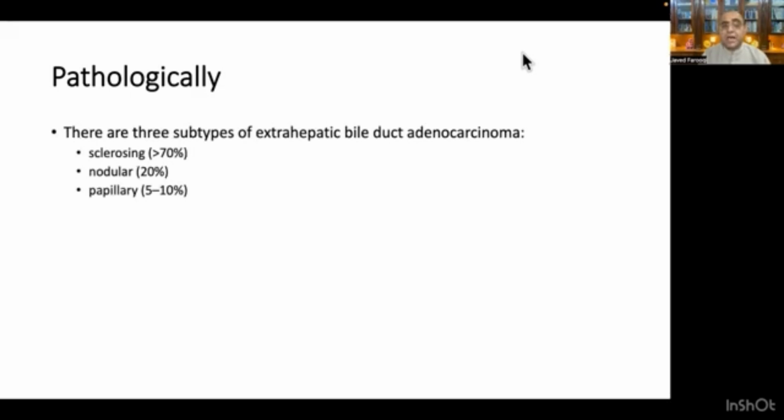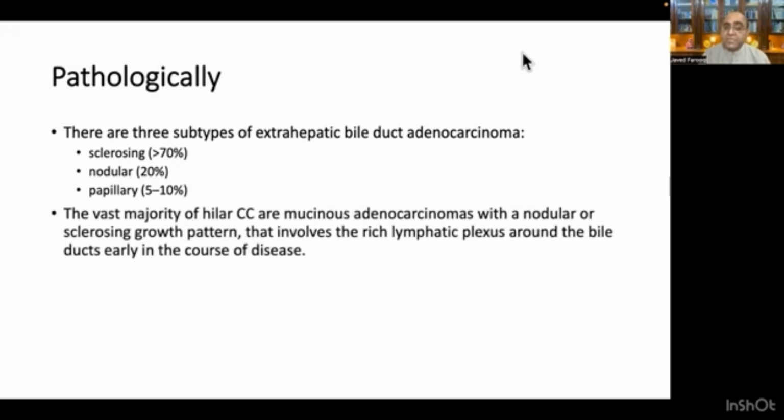Pathologically, there are three subtypes of extrahepatic bile duct adenocarcinoma: sclerosing, which is more than 70%, nodular, 20%, and papillary, that is 5 to 10%. The vast majority of hilar cholangiocarcinoma are mucinous adenocarcinoma with a nodular or sclerosing growth pattern that involves the rich lymphatic plexus around the bile ducts early in the course of disease.